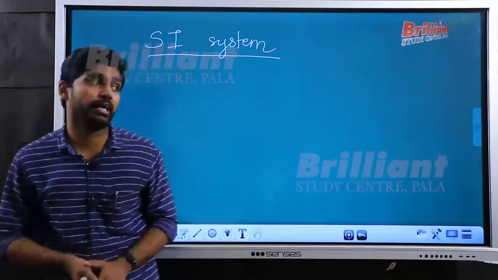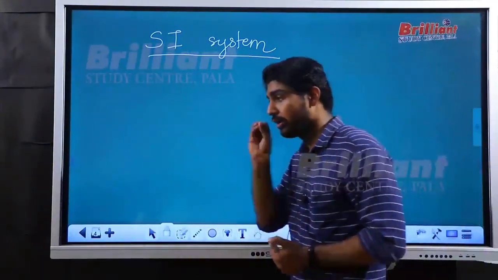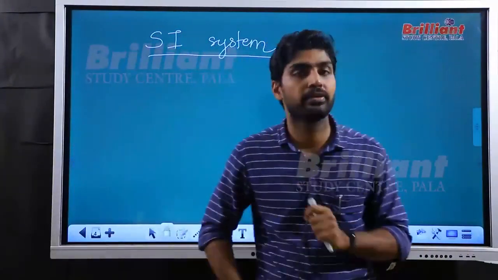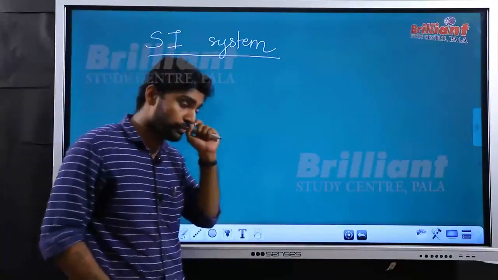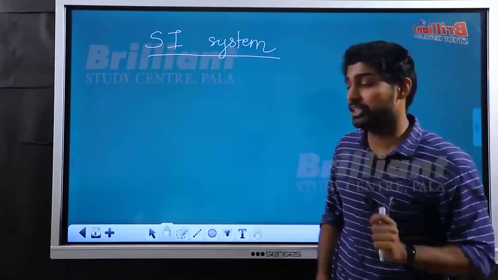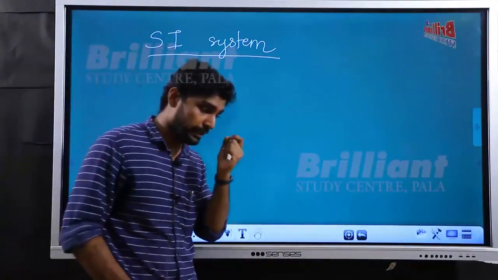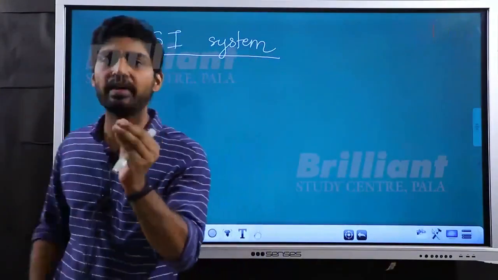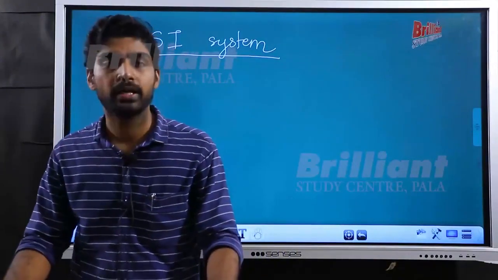The unit of time that we have chosen in the SI system is seconds, not hour, not days, not years. The unit of current in the SI system is ampere. The unit of thermodynamic temperature, or simply temperature, in the SI system is Kelvin. It is not Celsius, it is not Fahrenheit, it is Kelvin, because we have chosen it that way. That is the most convenient way to avoid confusion.